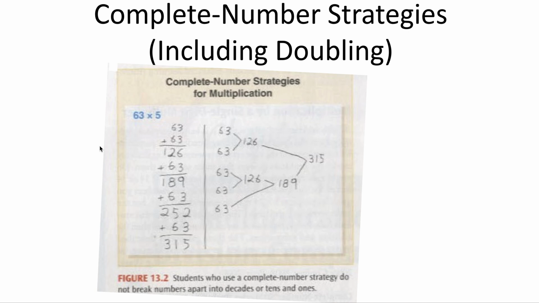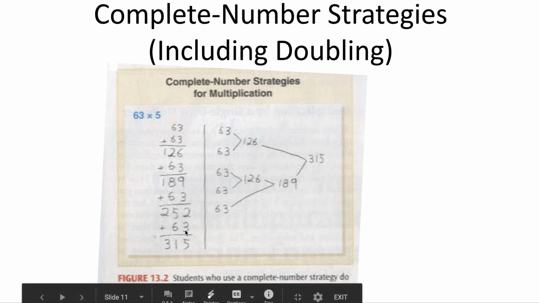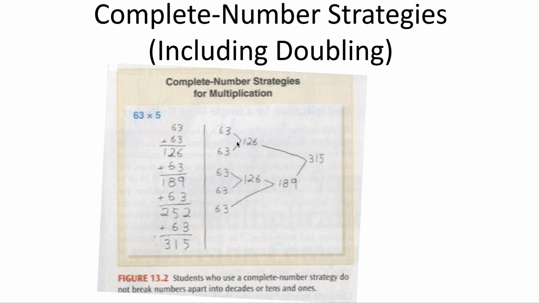And also this student knew 63 plus 63 is 126, and rather than adding 63 to 126, he wanted to use the doubling. So 63 times 5 is the same as 63 plus 63 plus 63 plus 63 plus 63. You can keep adding that, right? Or you can also do the doubling here.